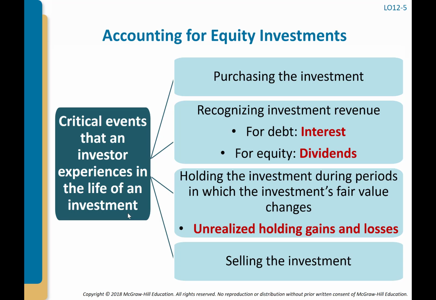And then, of course, once we sell the investment, there will be gains and losses on the sale. So as you can see, very similar to what we've already learned for debt. But our different categories don't include held to maturity. And of course, bonds don't pay dividends, stock does. We're going to see how we account for the dividends. And then we've got the two different methods, which are the equity and the fair value through net income approach.